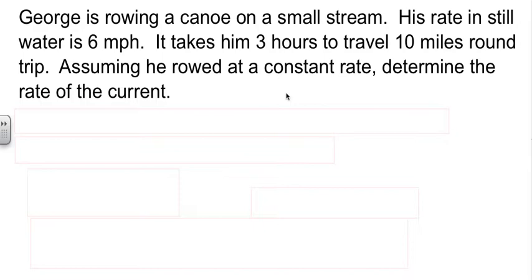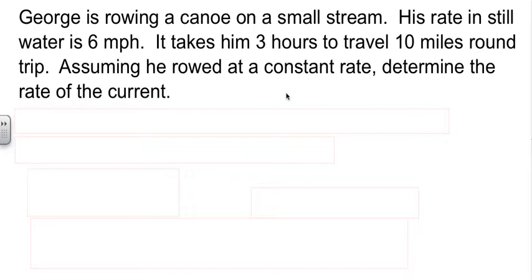This type is the streams, currents, rivers, and this also would apply to airplanes. Okay, so there and back type problems. Going places and going back to other places, back to where you started.